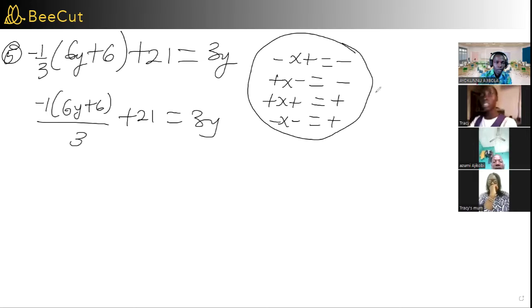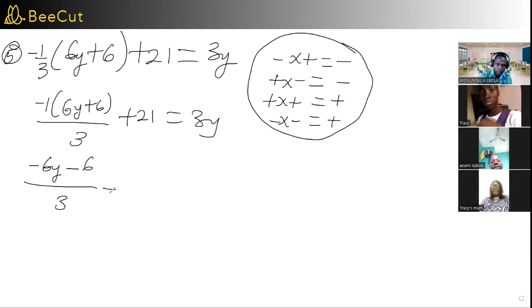Forget about the minus now. 6y. Very good, 6y. But because there's a minus there, negative 1 times positive 6y gives me negative 6y. Then the next one, the same negative 1 times positive 6 also gives me negative 6, because negative times positive is negative. Now over 3, plus 21 equals 3y.